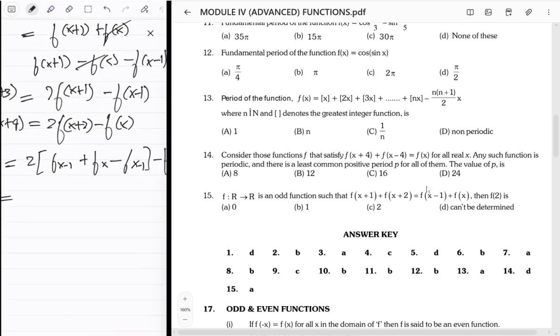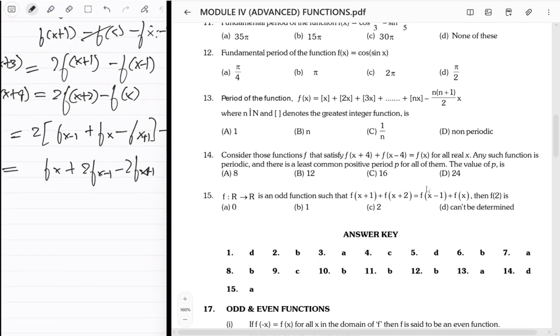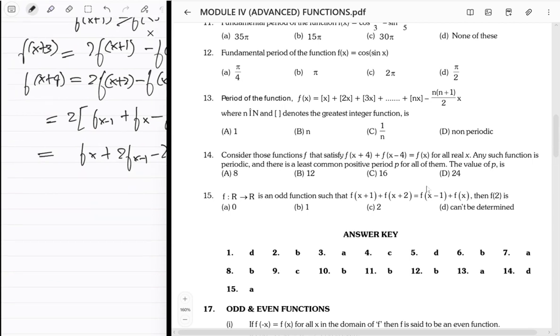What's that going to be? Just f of x plus 2f of x minus 1 minus 2f of x plus 1, sorry. There we go. That should be the thing. So that's f of x plus 4. Yeah, this is not helping. That's definitely not helping. It's not periodic or anything. We can't figure anything out from this.